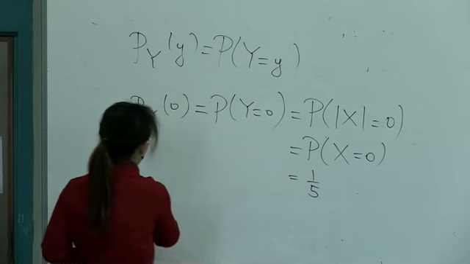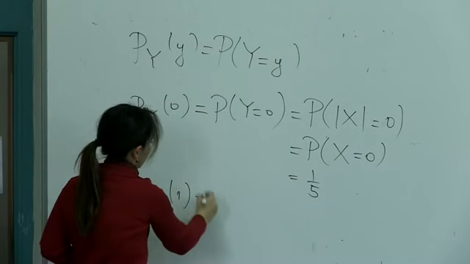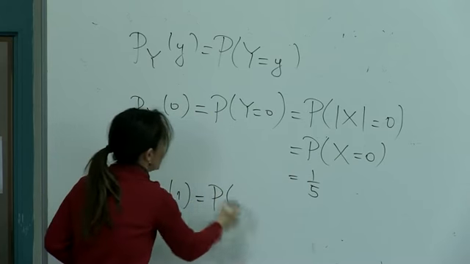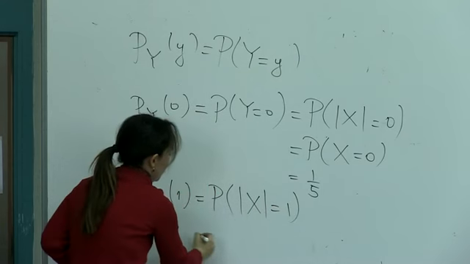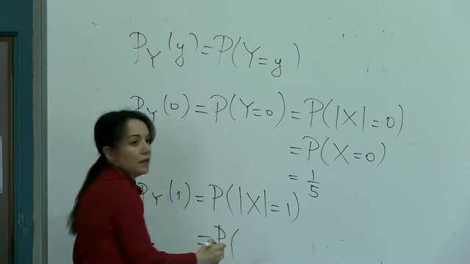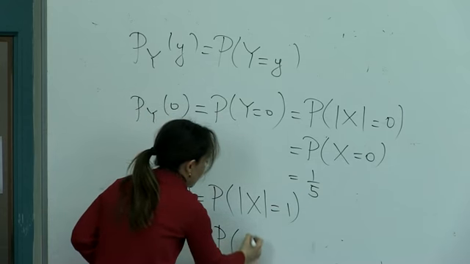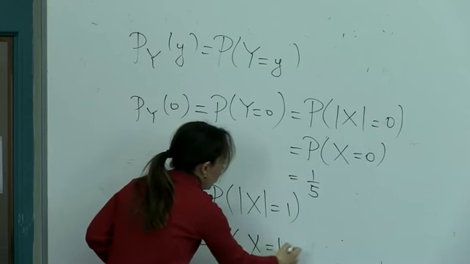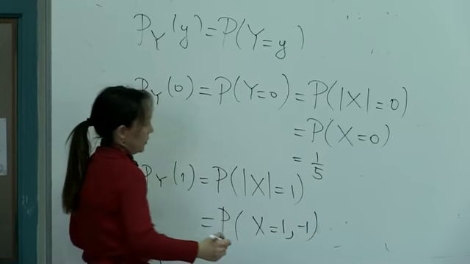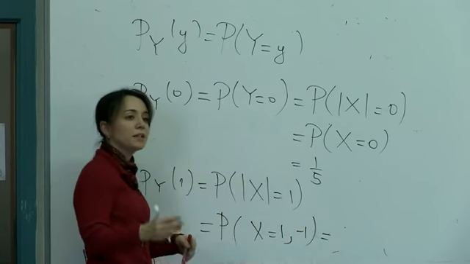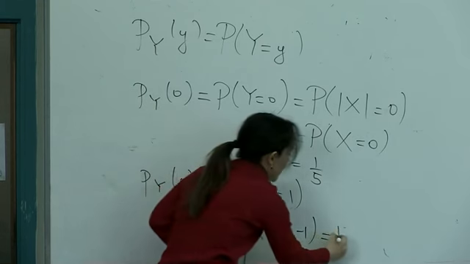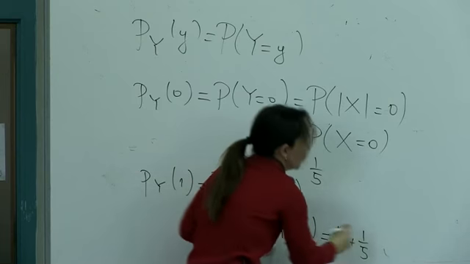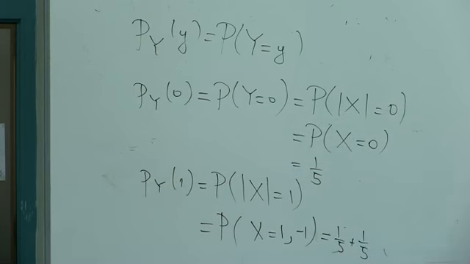What's next? What is Py of 1? That's the probability that the absolute value of x is 1, which is the same as saying that x is either 1 or -1, which is the probability of x being 1 plus x being -1. 1/5 plus 1/5, 2/5.